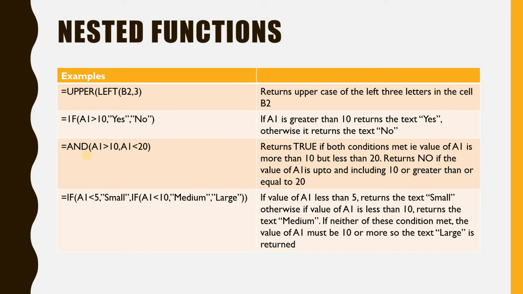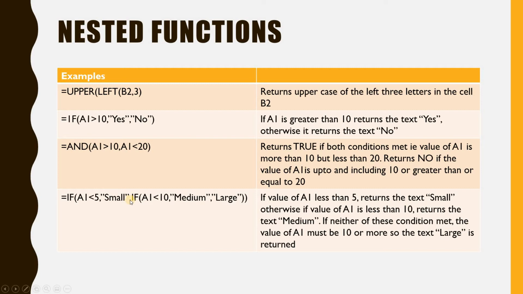Okay, just to finish off before we get on to the exercise itself, let's have a look at another kind of nested function. This time I've got an IF statement within an IF statement. So, if our number A1 is less than 5, we want it to return the word small.